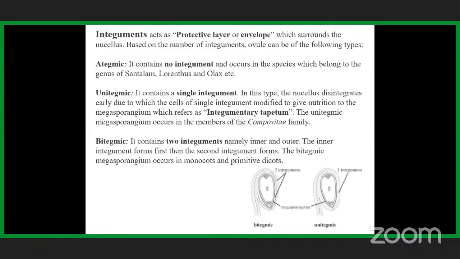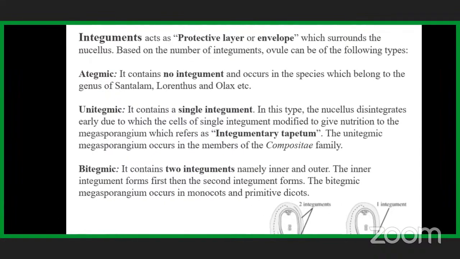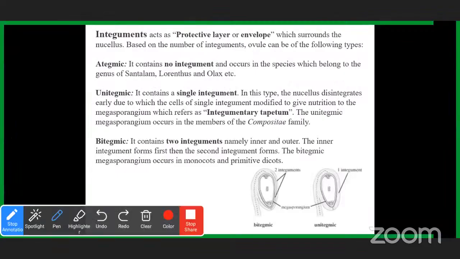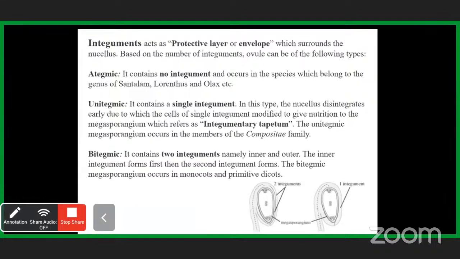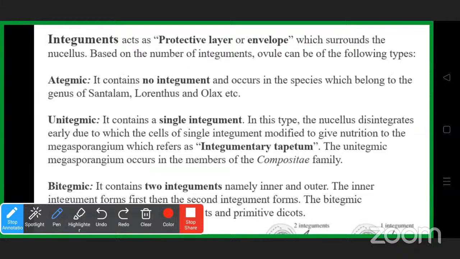Here you can see the integument, which we already studied. Based upon the integument, I already told you three types: ategmic, unitegmic, and bitegmic. Ategmic: if there is no integument layer, we call it ategmic. The ategmic is there in Santalum and Loranthus.